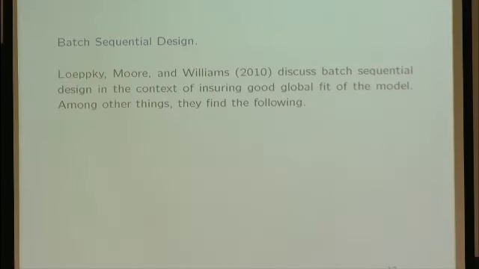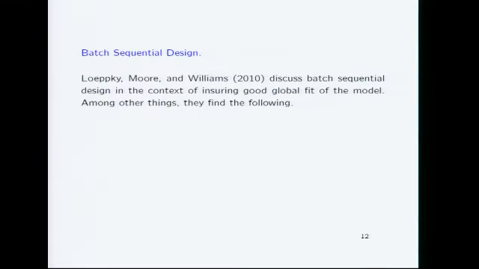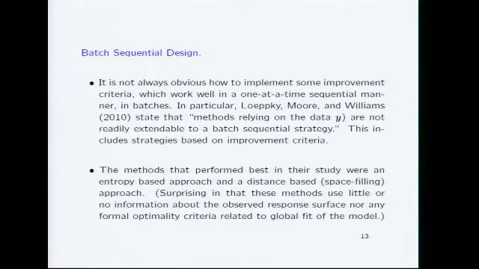Now, what Loepke, Moore, and Williams discuss is this idea of batch sequential design. And there's a couple of things that come out of this paper that seem counterintuitive to me. And maybe it's just me, but I'll tell them to you anyways. It turns out it's not always obvious how to implement some improvement criteria, which work well in a one-at-a-time sequential manner, in batches.